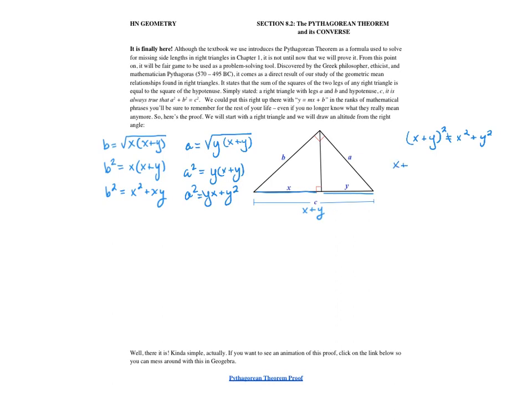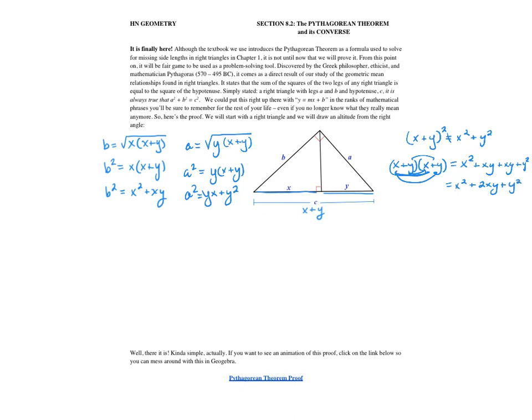What x plus y quantity squared really is, when you do the foiling, is you're going to get x squared on the outsides. The insides are going to be an xy, and the outsides are going to be an xy. And then of course your last term, y times y, is y squared. So we get x squared plus 2xy plus y squared.